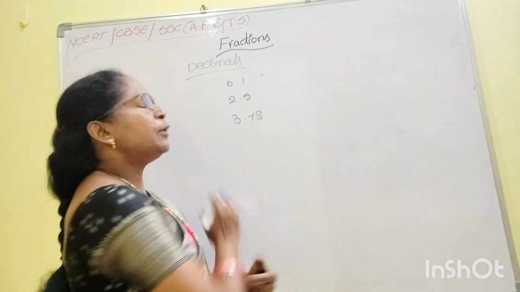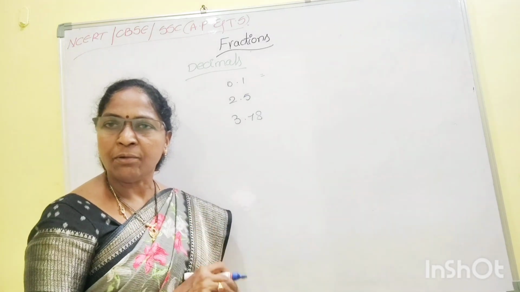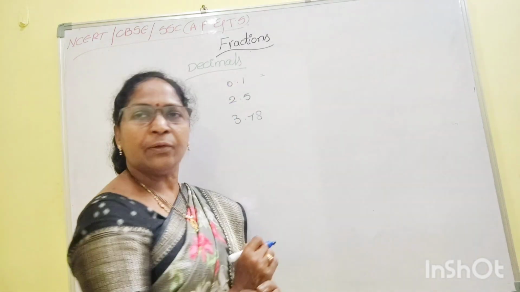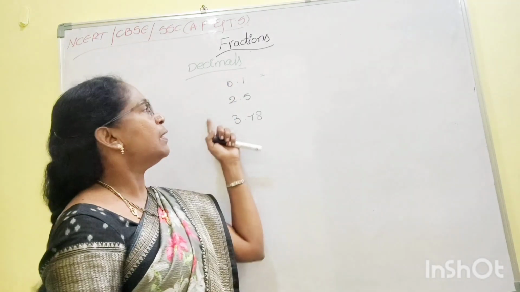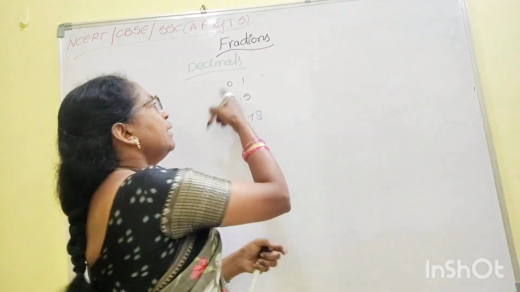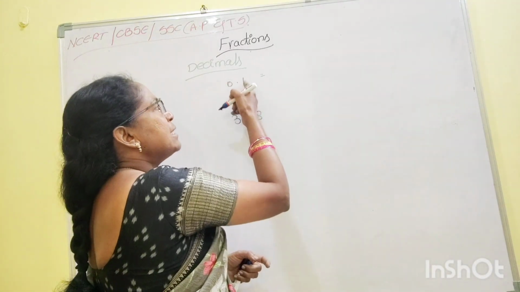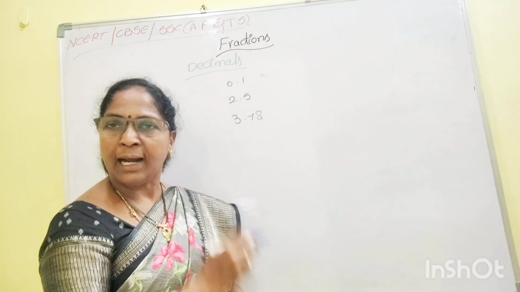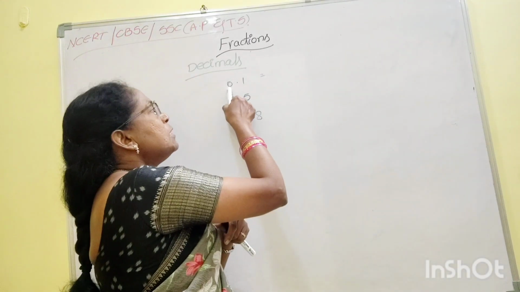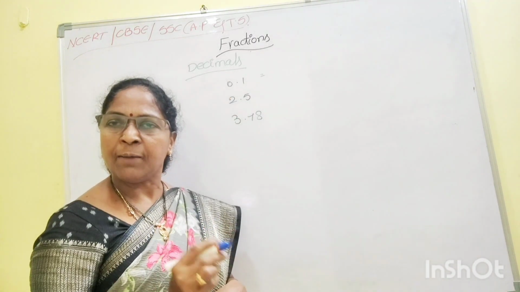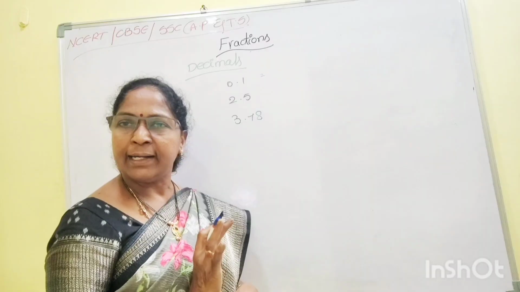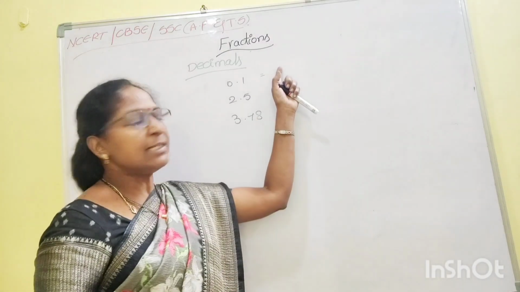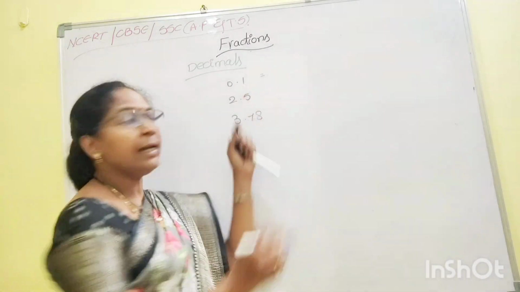So 0.1, how to convert into fraction? Whenever you are converting a decimal number into a fraction, you have to remove the decimal point and write the number as it is. That means 0, 1. The 0 before the number has no value, so no need to write 0 here. Directly you can write 1.